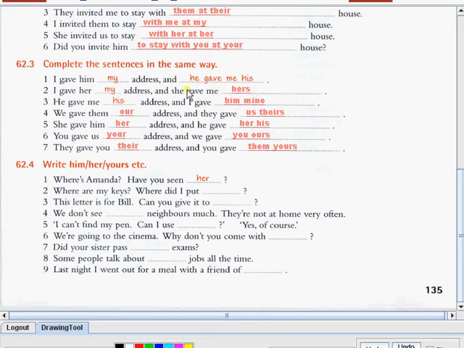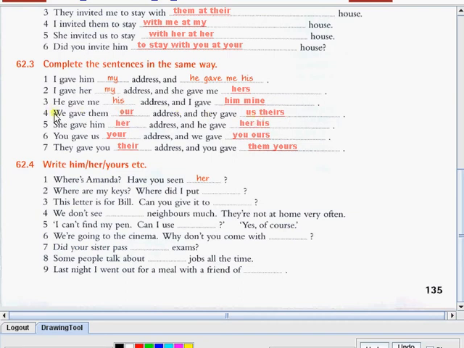She gave me hers, she gave me her address. 3, he gave me his address, so his refers to the word he, and I gave him, so him here is referring to the subject he. I gave him mine. Mine is my address. So this is the possessive pronoun mine. I gave him my address. I gave him mine.